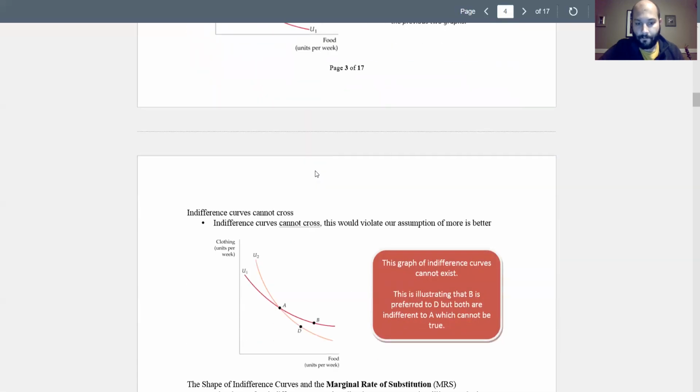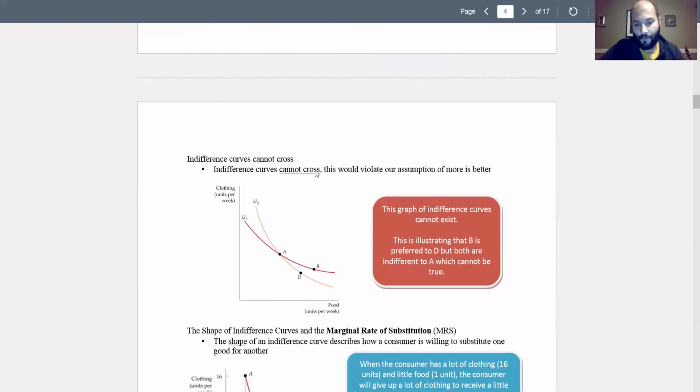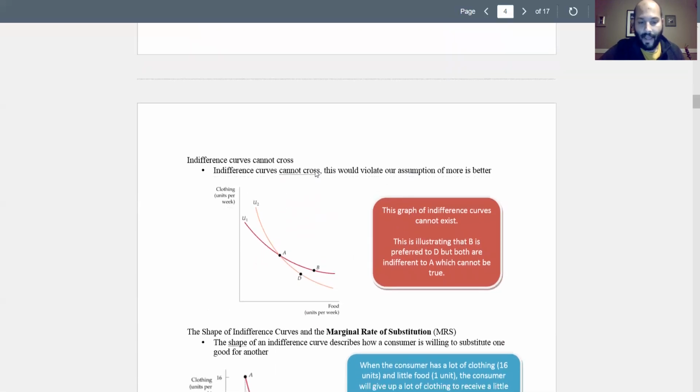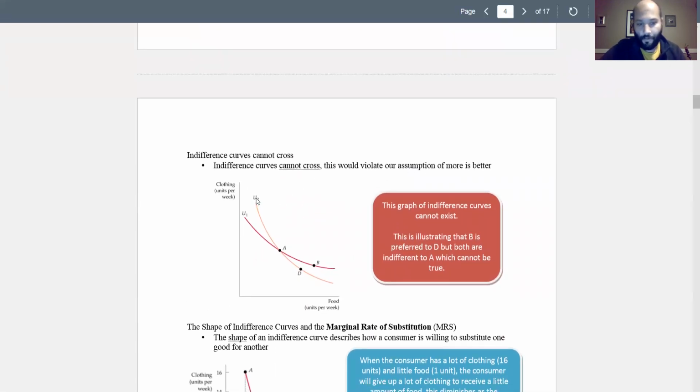Finally, we do have multiple indifference curves mapping out different possible combinations of goods, and they cannot cross. To see that, this is just a proof by contradiction. Suppose that it wasn't true. Look at indifference curve U1. Indifference curve U1 is saying that A and B provide the same amount of happiness or satisfaction. The consumer is indifferent between them.